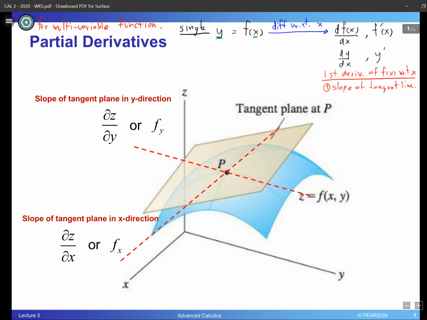Now that is in terms of geometry. And you can also view the first derivative with another physical meaning, as the rate of change. Number two, as a rate of change of this function, rate of change of f of x with respect to x.